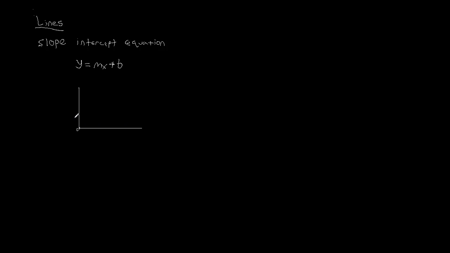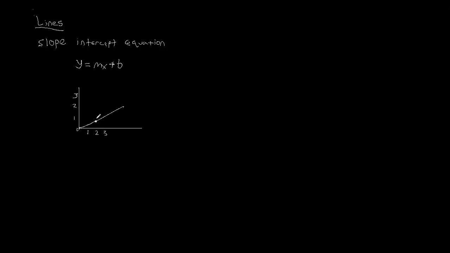We'll have 0, 1, 2, 3, 0, 1, 2, 3, and let's make it so that it passes through roughly the point 2, 1. So let's look at this point right here. This point's 2, 1.